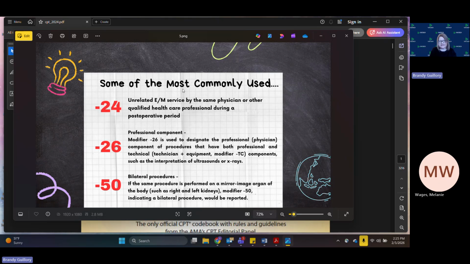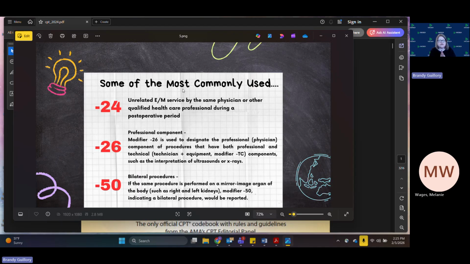And the reason I did this, and I want to go over the meanings for these, is because I want you guys to understand how important it is to read the entire definition of a modifier before settling on that one, because some of them are very, very close in wording. And it's just a slight change that completely changes the definition.